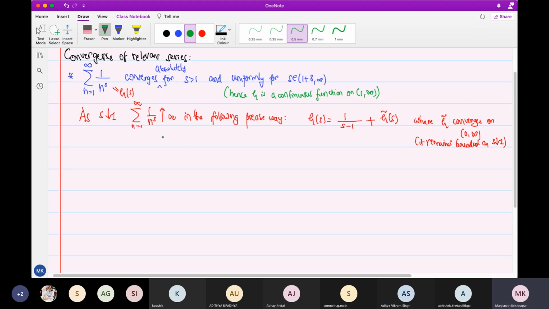Now, as s goes down to 1, the part that blows up is 1 over s minus 1. If you remove that, you get something that does not blow up. So this is the precise understanding.